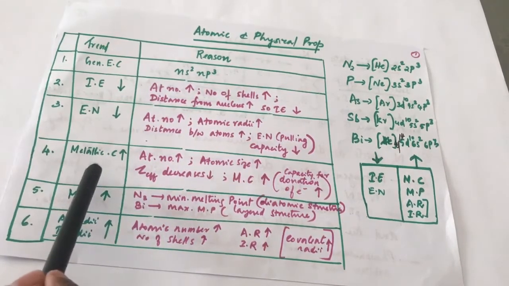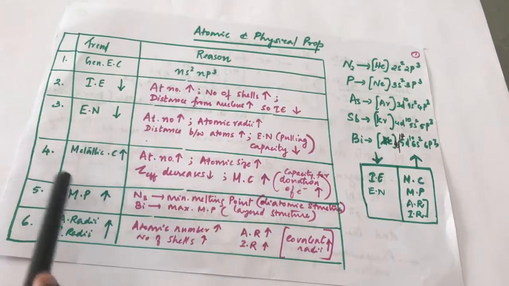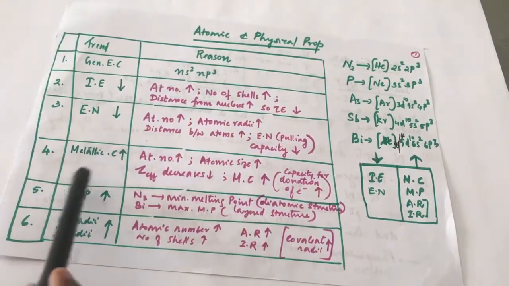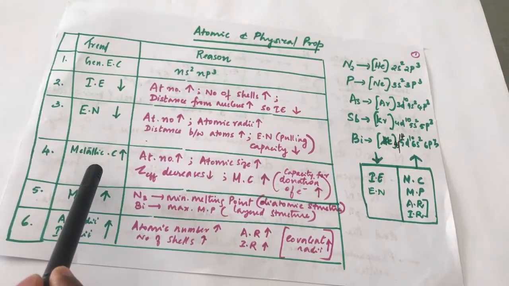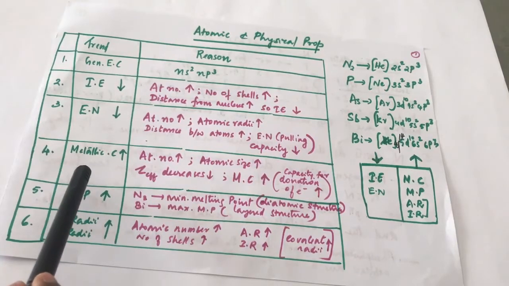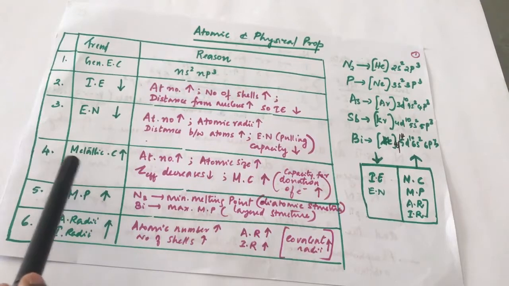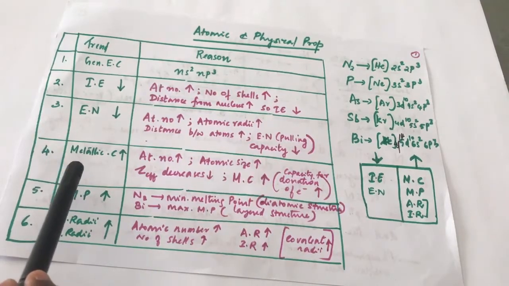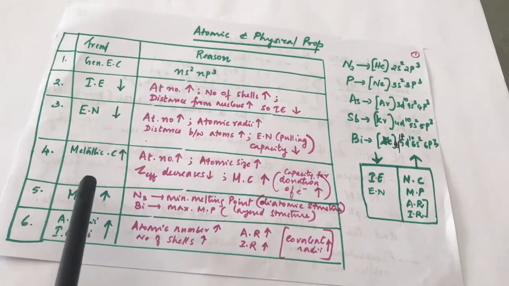One of the girls had messaged me that the metallic character, melting point, and atomic radii were not mentioned. We had done a video, but it somehow got deleted and it was not uploaded. I'm sorry for that. It shows your concern, it shows your attitude towards our classes, and I appreciate it.